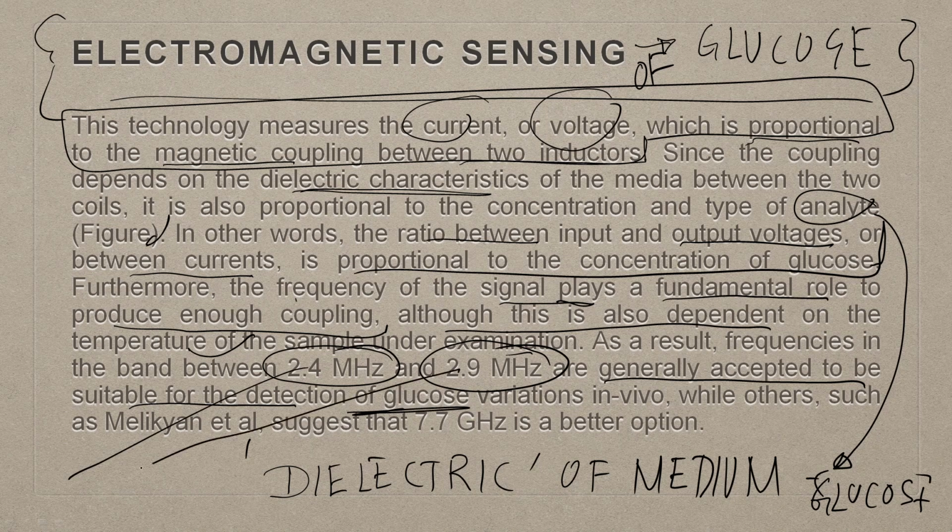So, the take-home message is 2.4 to 2.9 megahertz for detection of glucose variations in vivo, while others such as Meliakan suggested 7.7 megahertz is a better option. So, there is a lot of research happening in electromagnetic sensing, because the ear is an easily accessible part. There's a lot of flow of blood and it is easy to do the detection.